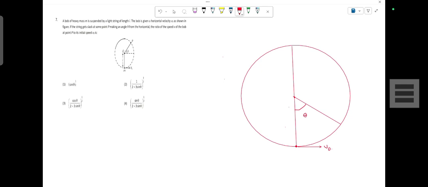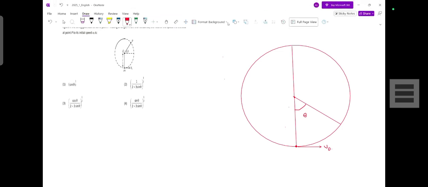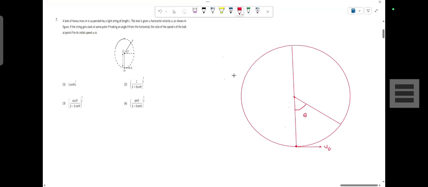so this is the tangential acceleration of the bob, given as v, that is v, okay.